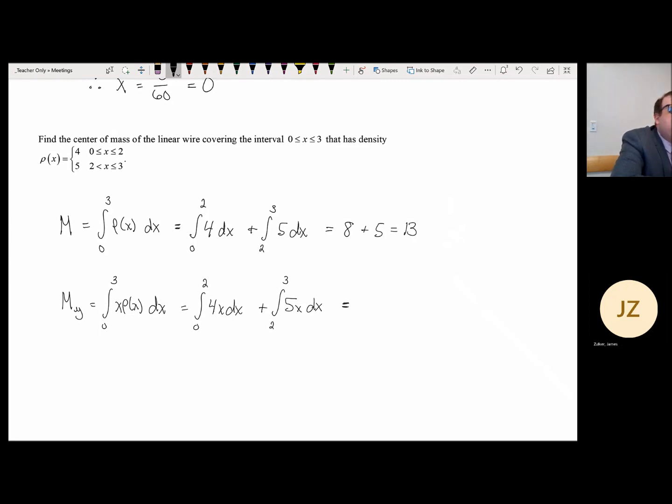Two x squared from 0 to 2 is 8. We get 5/2 x squared from 2 to 3.